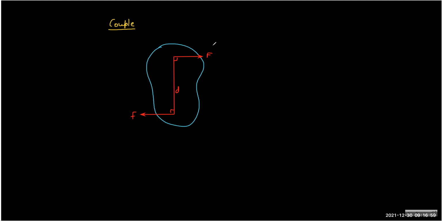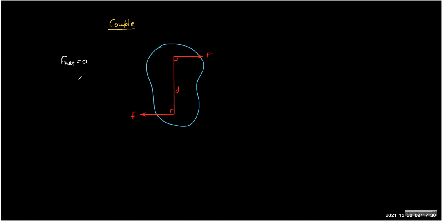It's very simple. The net force on a body is zero, because the right and left forces will cancel out. So the net force is 0.